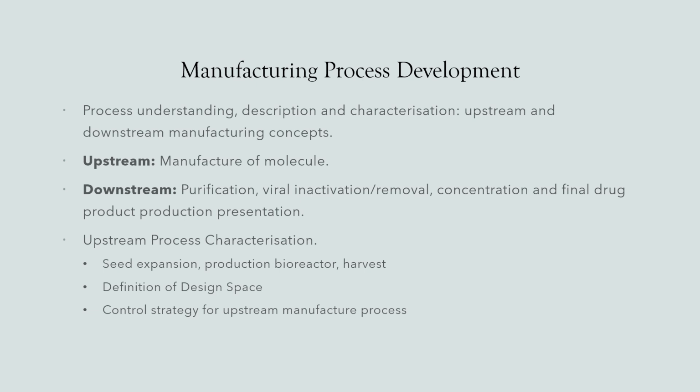So for your upstream process characterization, I've listed all of the things that we need to consider here. It will be your seed expansion, your bioreactor, and your harvesting of your protein product. You need to define your design space, and again, you need to have a control strategy for the upstream manufacturing process, and this is going to be product specific.